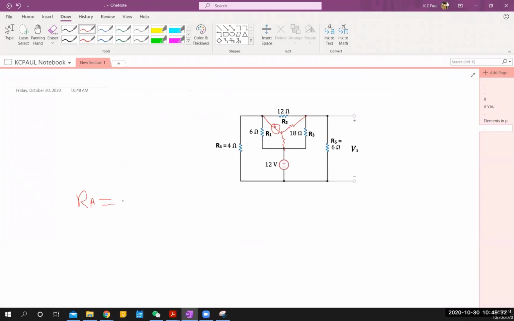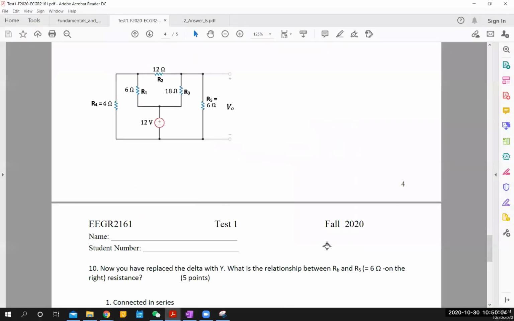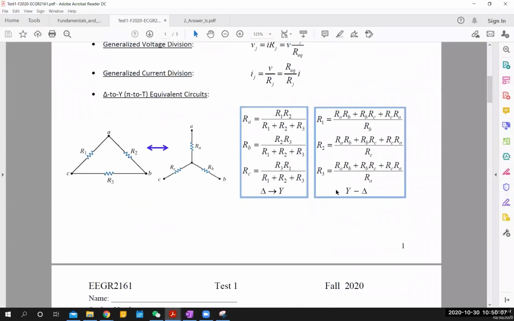So RA is equal to, the easiest formula: if you want to find the resistance in between two resistors, multiply those two, R1 and R2, and divide by the sum of all three connected in delta, R1 plus R2 plus R3. Simple. I'm telling you again, you don't have to memorize all the formulas, although the formula is given, so you don't have to worry about it.